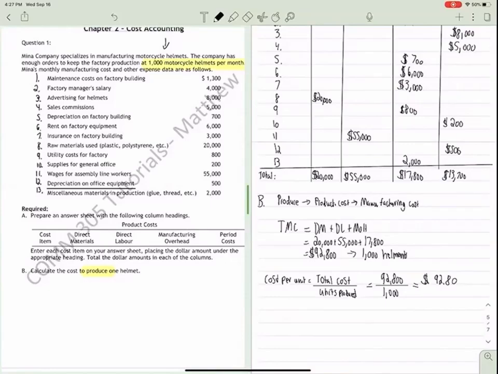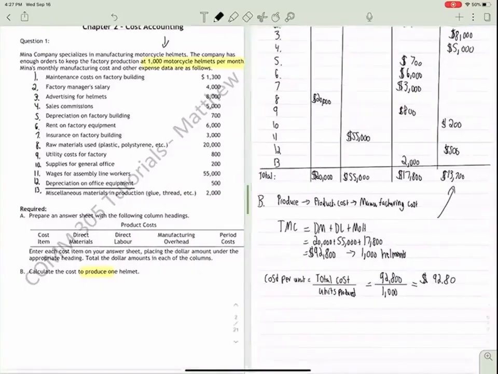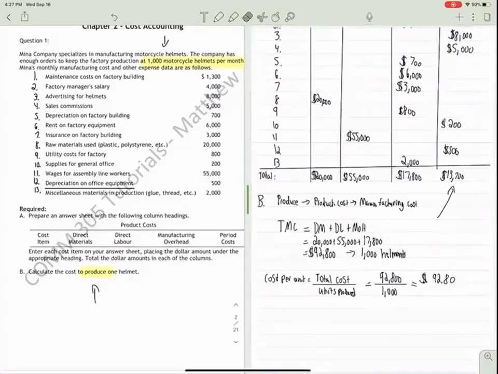And now, for those who made a mistake, I'm assuming you guys added period costs as well. In which case, I encourage you guys to be very careful, okay? You have to go look at the wording, because a lot of times, people make mistakes in this course if they get too cocky, if they go too quick. I always say there are things you can rush on and things you can't rush on, right?